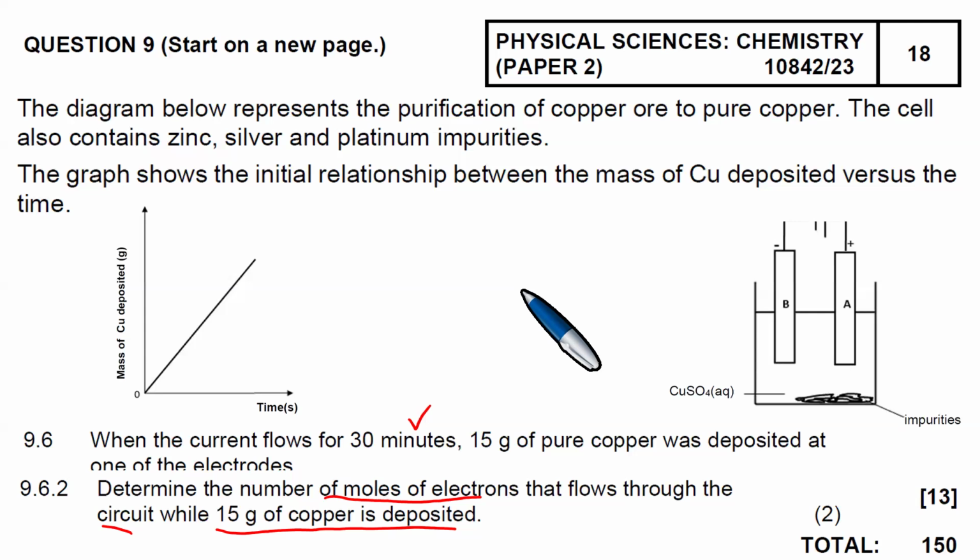So we need the number of moles of electrons. What is the number of moles of electrons? I know this is quite tricky, but I'm testing you.